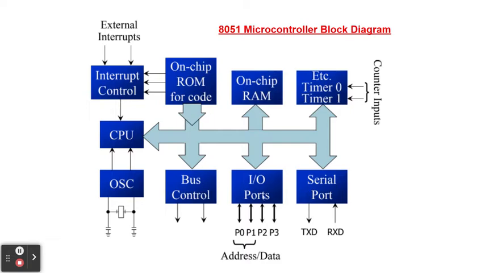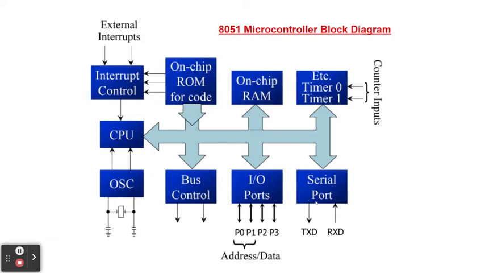The input-output ports consist of P0, P1, P2, and P3, where P0 and P2 are used for addresses, and P0 can be used for address or data.